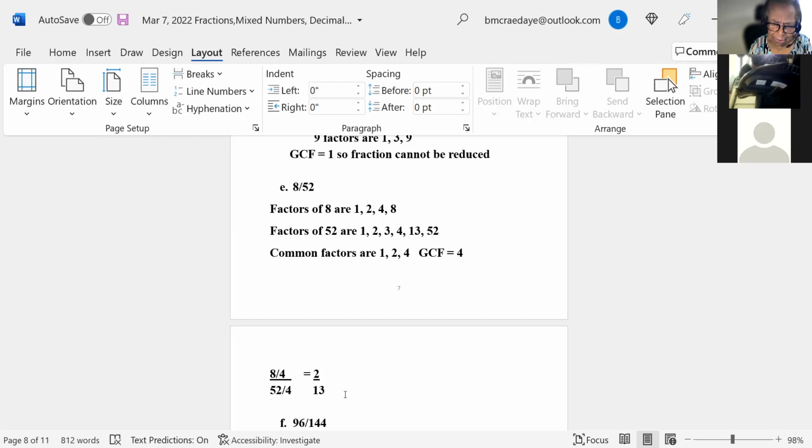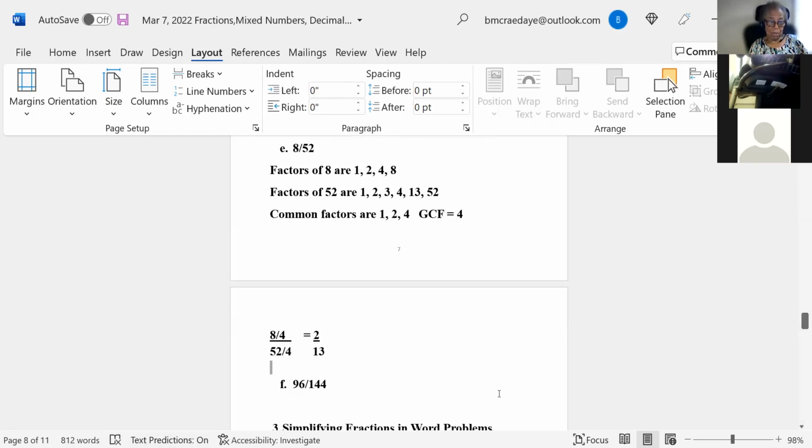No, that's going to give you a decimal. You've got to find your factors, Maureen. Remember, we are reducing these fractions to their lowest terms, and we're using the greatest common factor.